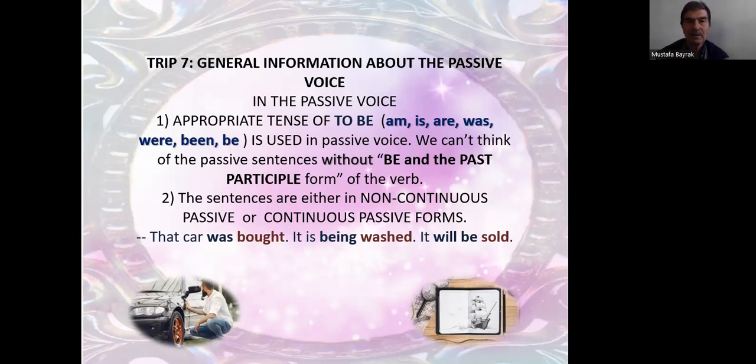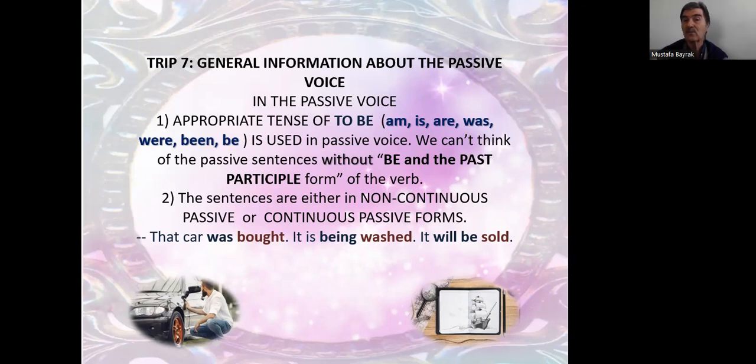Okay. Number 2, the sentences are either in non-continuous passive or continuous passive forms. Again, continuous is also valid in passive structures. For example, that car was bought. Okay, that car was bought yesterday.